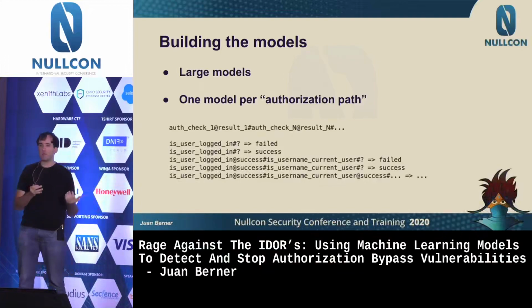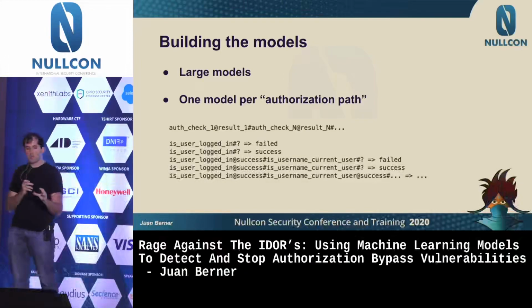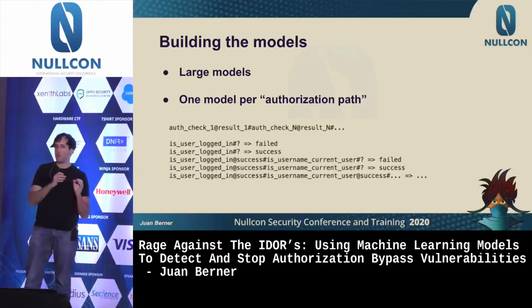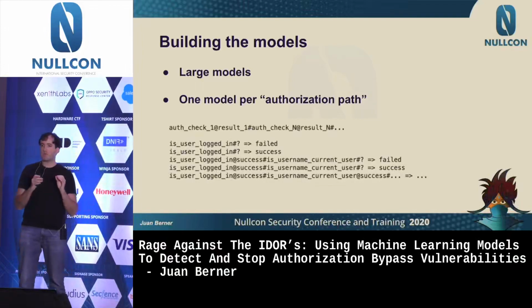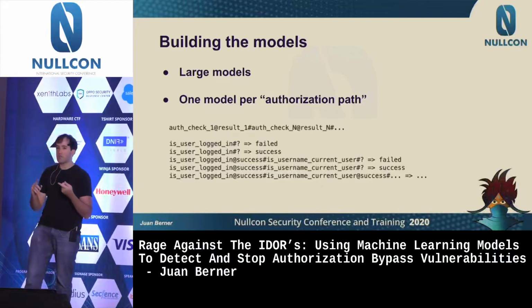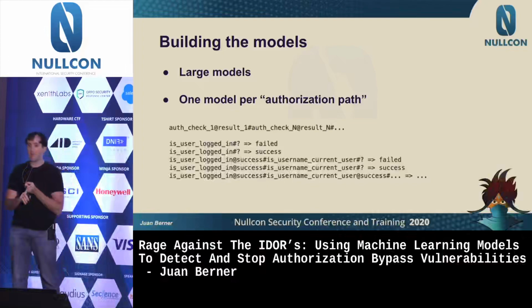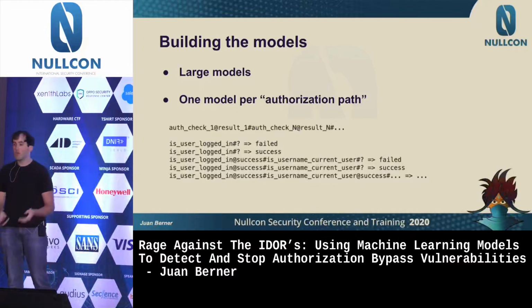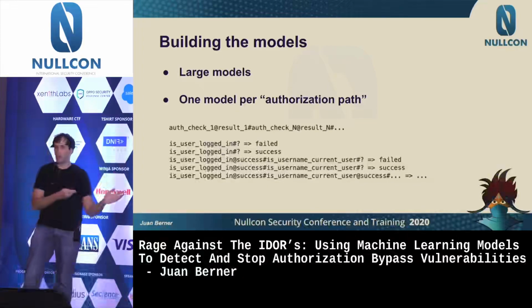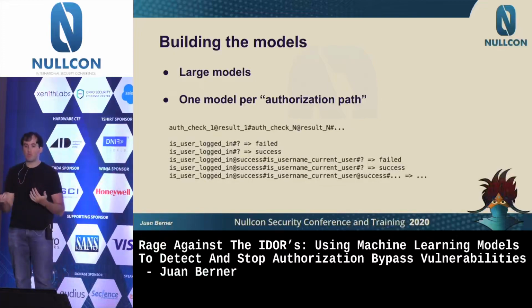So that would be an anomaly that your model can learn. So there's the benefit of doing per authorization path, that you can cater for these anomalies that might not have been learned. And that would mean one of two things. Either this is a new behavior, which might happen when you're rolling a new application, not when you have the same code for 1 year or even 1 week, or this might be someone exploiting a vulnerability.